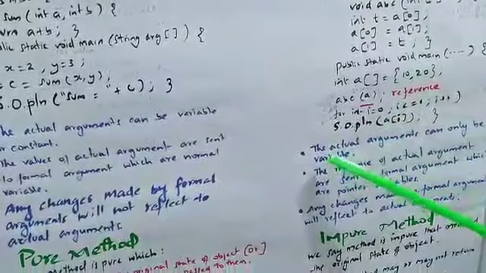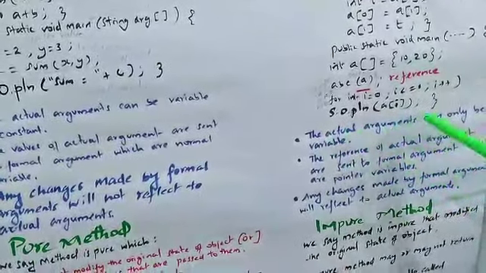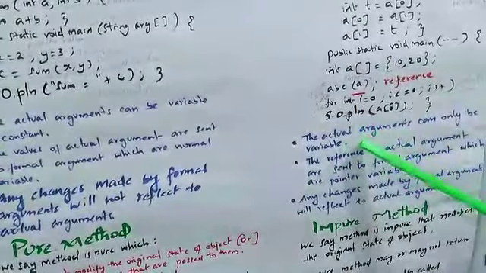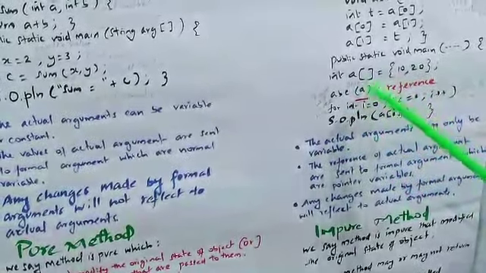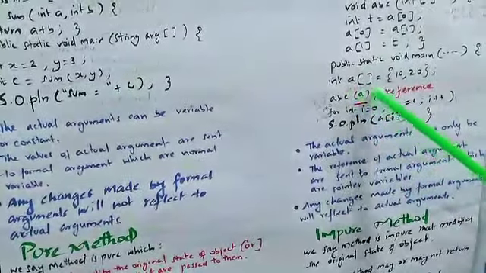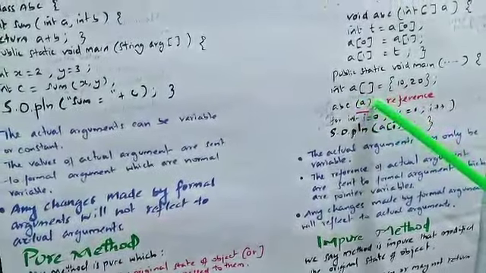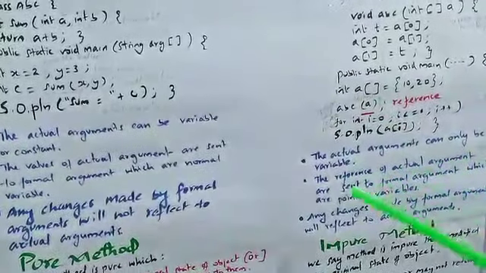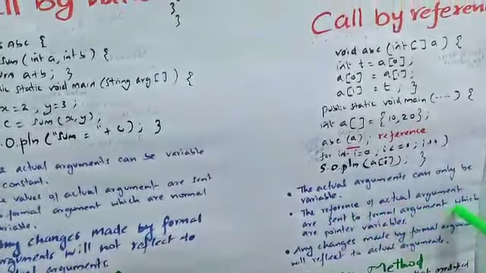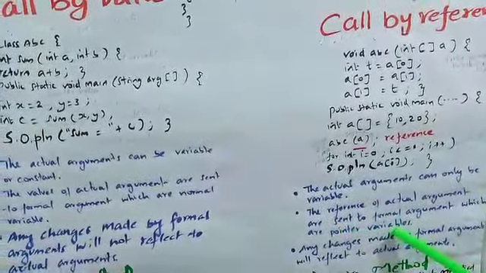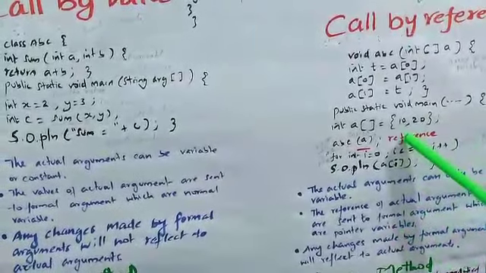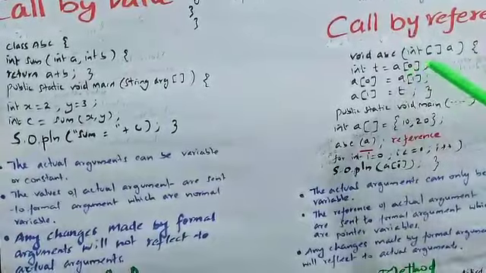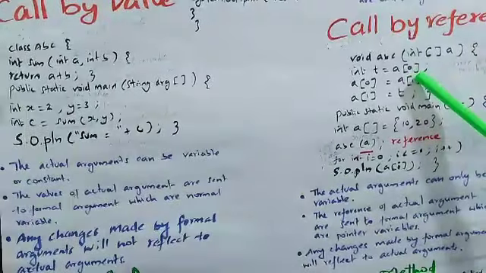Now see the points. The actual argument can only be a variable. That is, you see that the actual argument will only be a variable. No value will be there. The reference of the actual argument is sent to the formal argument, which may be a pointer or a variable.